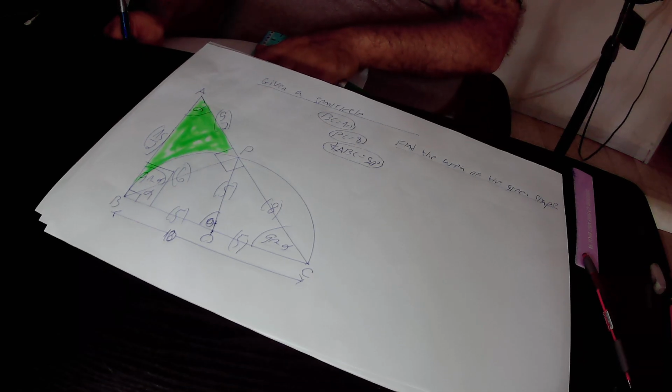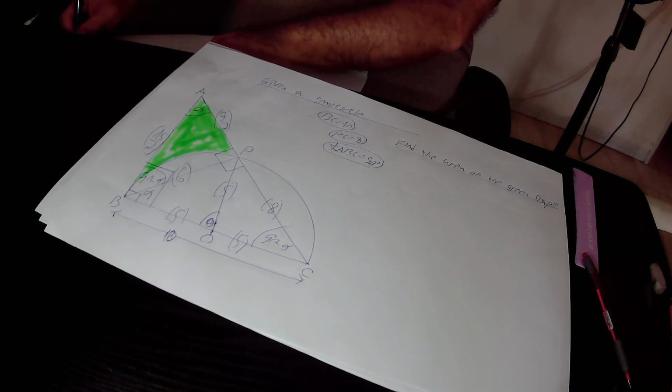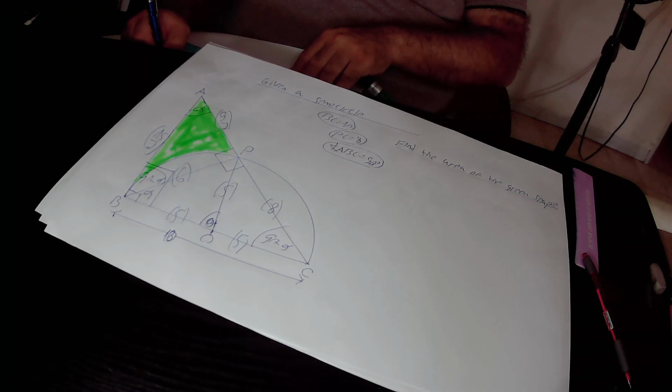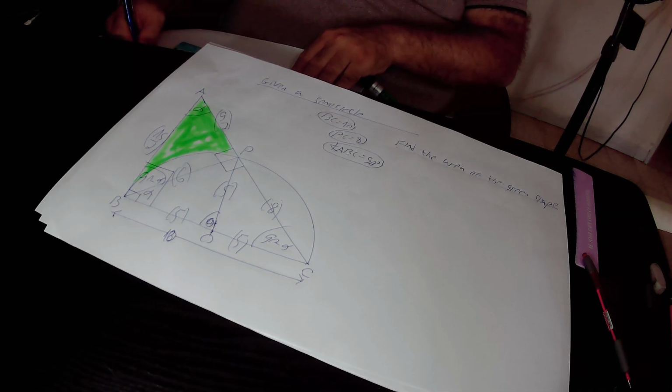According to the law of cosines, the following equation is true, that cosine theta equals 5 squared plus 5 squared minus 6 squared over 2 times 5 times 5.